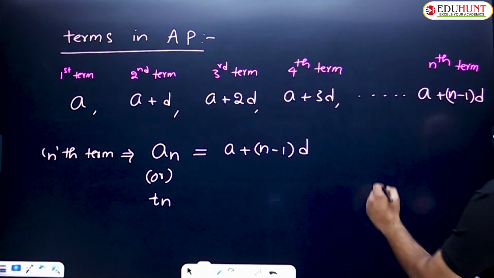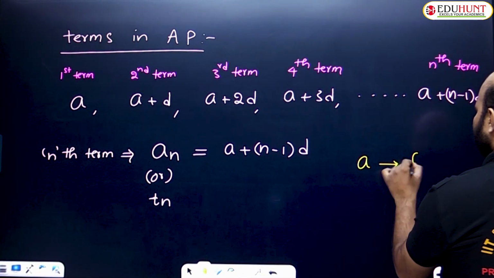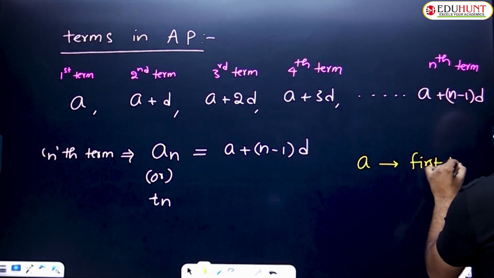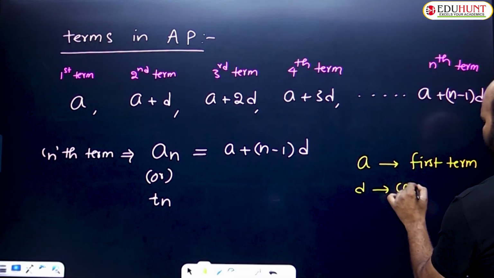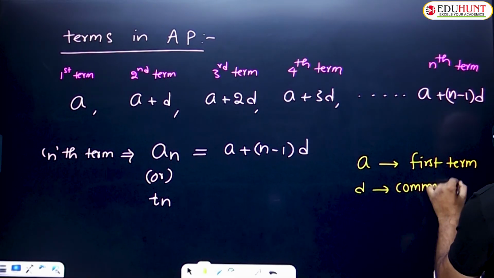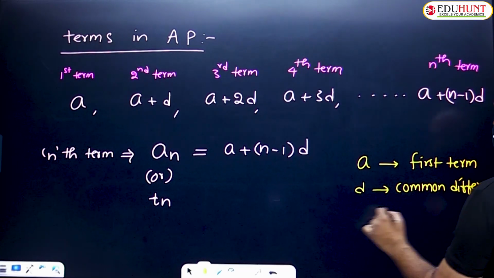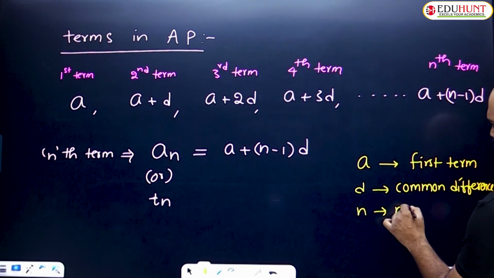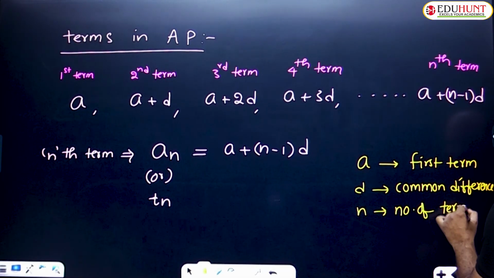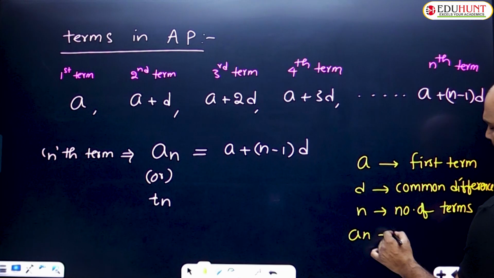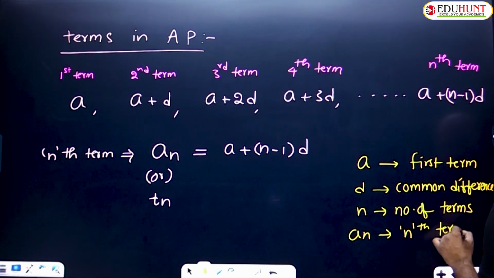So here A stands for the first term, D stands for the common difference, N stands for the number of terms, and An stands for the nth term or last term. Am I clear?